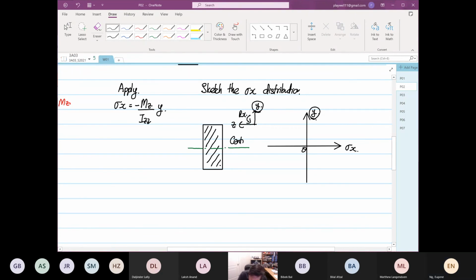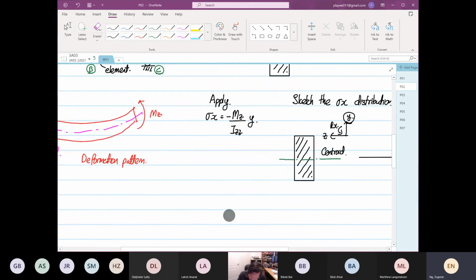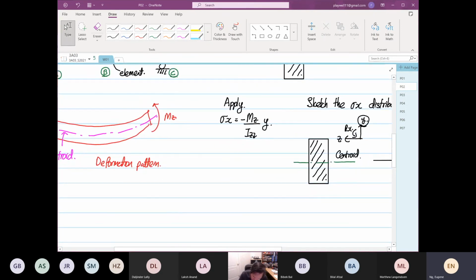Centroid. Okay, this is relative to your centroid. So we know when we apply stress, so over here, right, that will be our Y max. Right? Down here, this region will be our Y minimum, right? So by looking at how the structure has been deformed, so we know that this is compression.